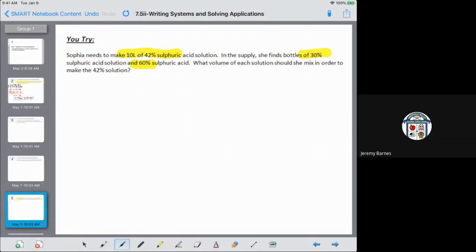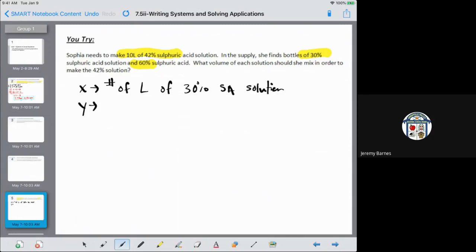So first, we need to establish what our variables are. Just going to call them x and y in this case. For x, it's the number of liters of the 30% sulfuric acid solution.